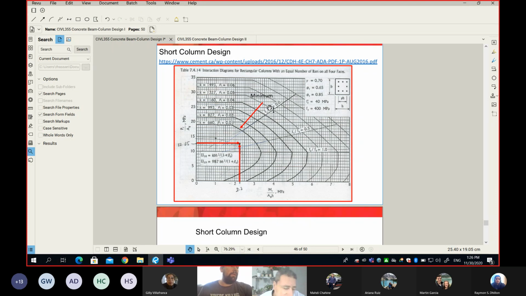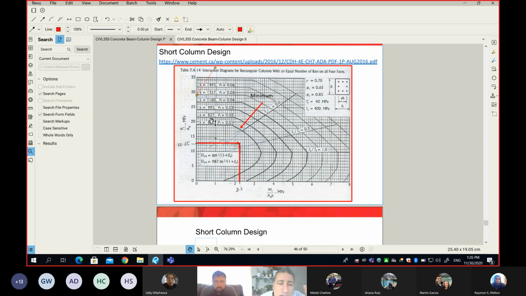So in the interaction diagram, this point here, on any interaction diagram, means centric load, because you can tell that P over A is equal to a number, while M is equal to 0.